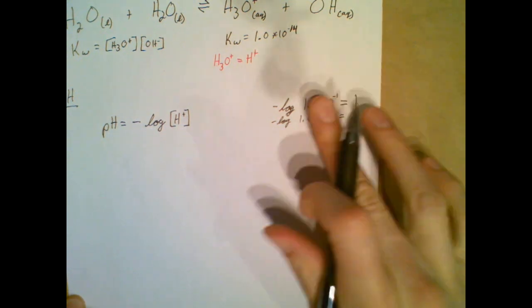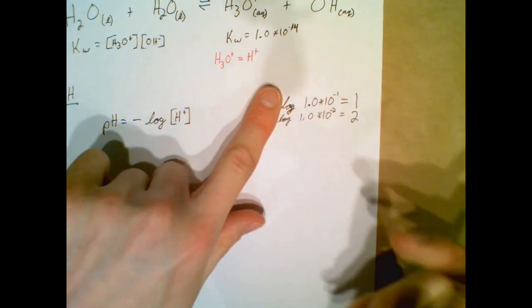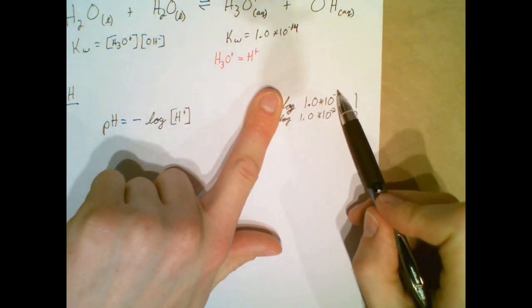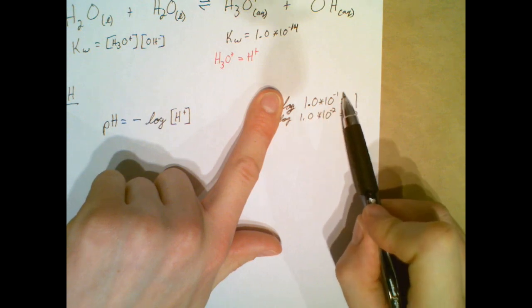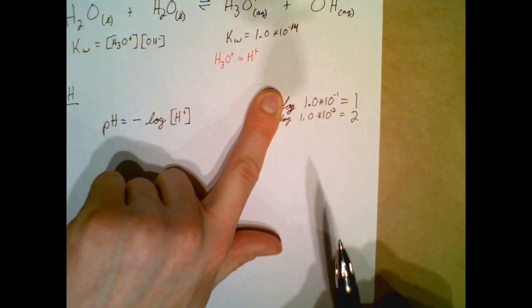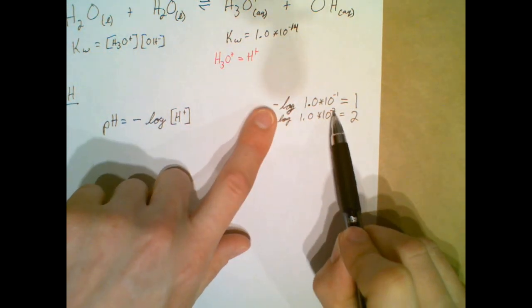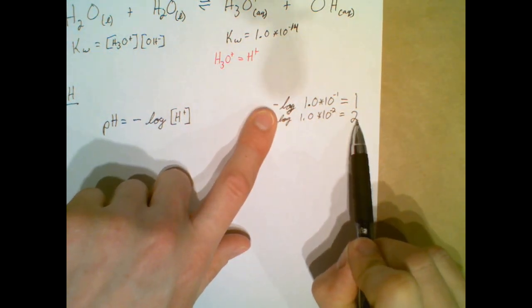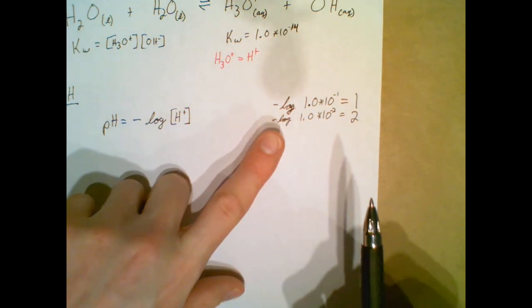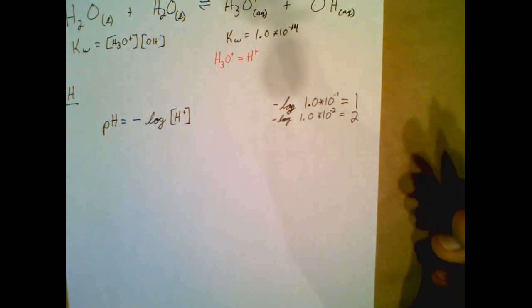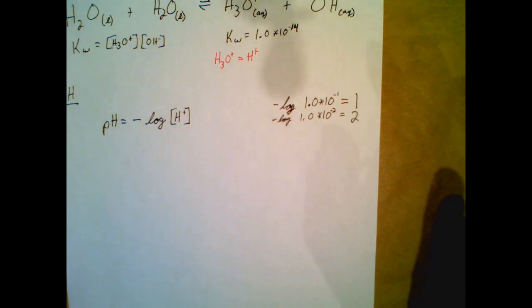If you were not to put the negative in, it takes 1 times 10 to whatever the exponent is and turns it into a whole number. Same thing here, it would have made it negative 2. But because we add the negative in front, it removes that negative sign from the exponent, and so we deal with a positive scale when we deal with the pH.